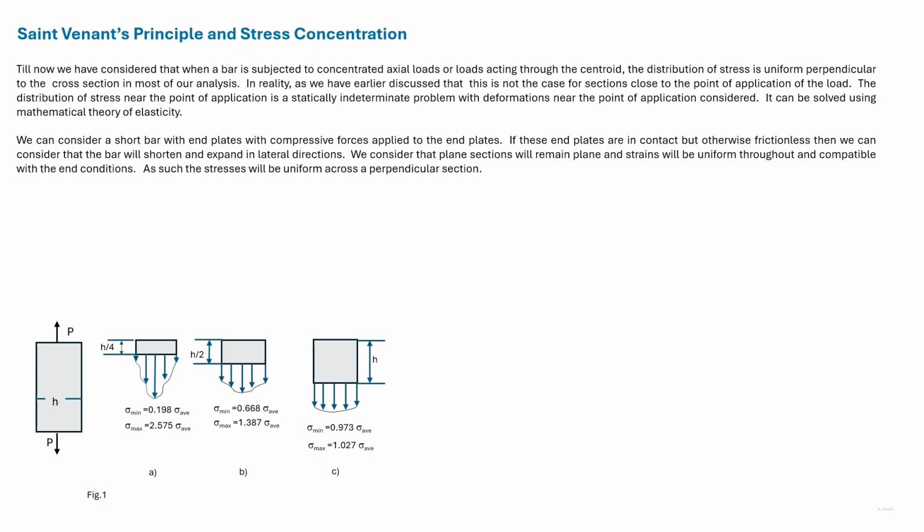Now, consider this plate, which is a thin plate of width h and tensile forces acting as shown. The stress distribution here will be quite different from the case we just discussed.